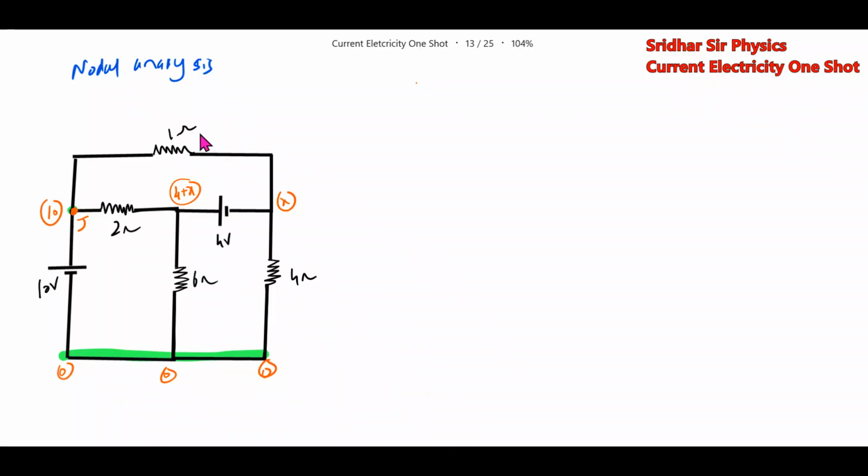We are defining, so we'll do one thing. We'll assume some potential A here, and let the potential at the other point be B.